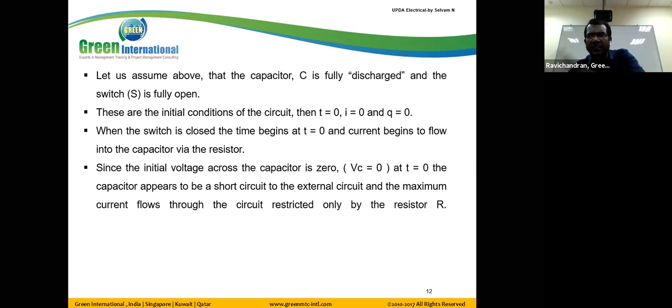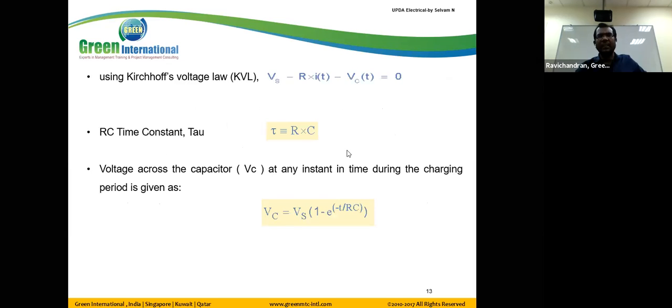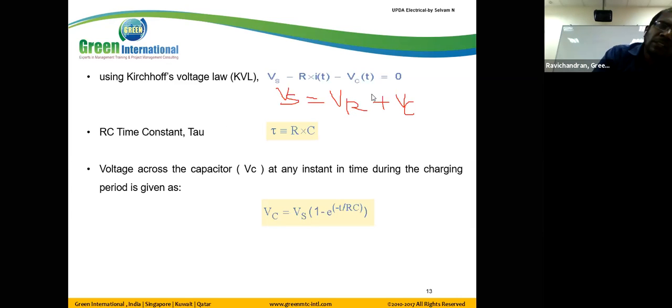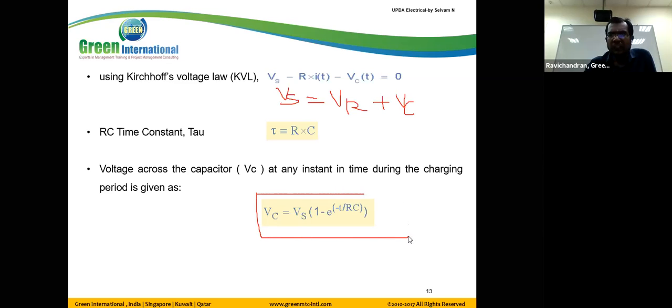So with the source voltage, we have two elements: VR plus VC. When we solve this equation, the capacitor voltage is important.